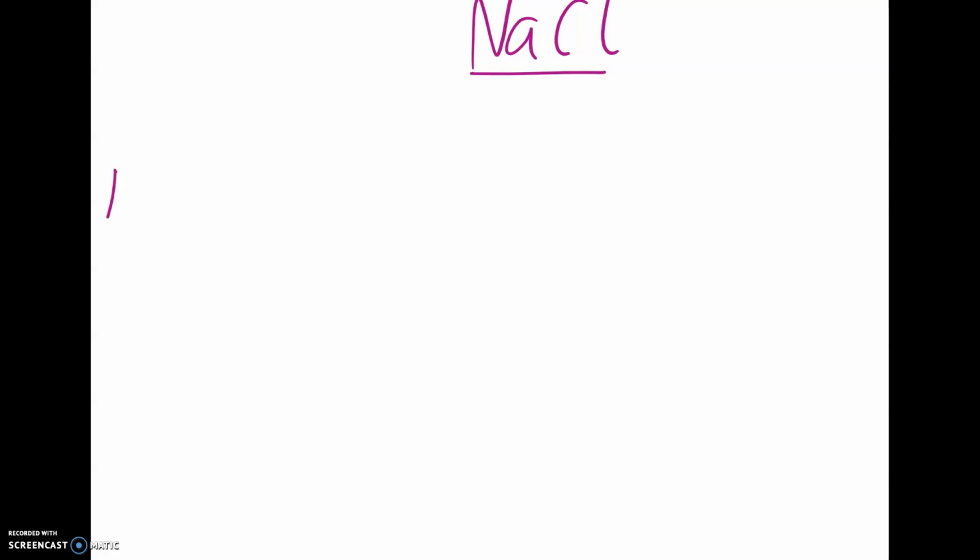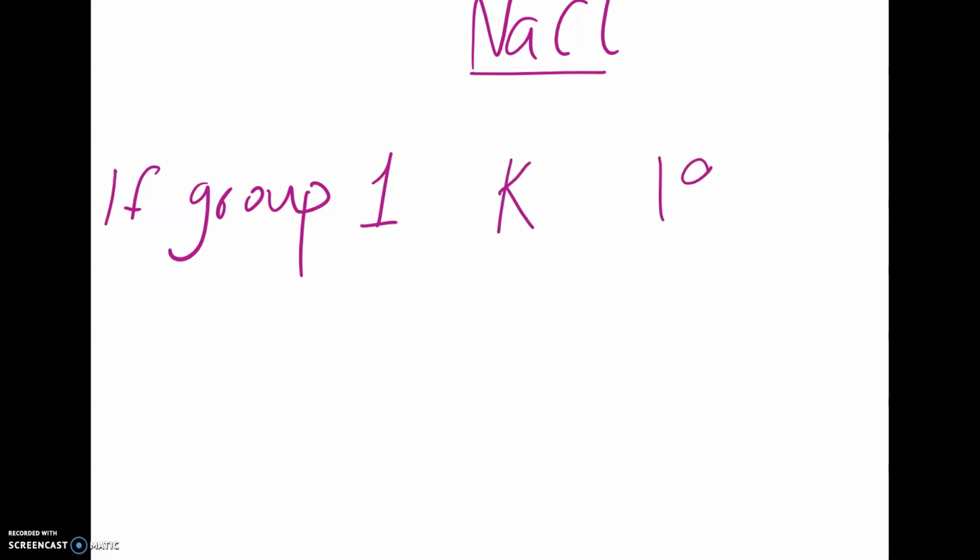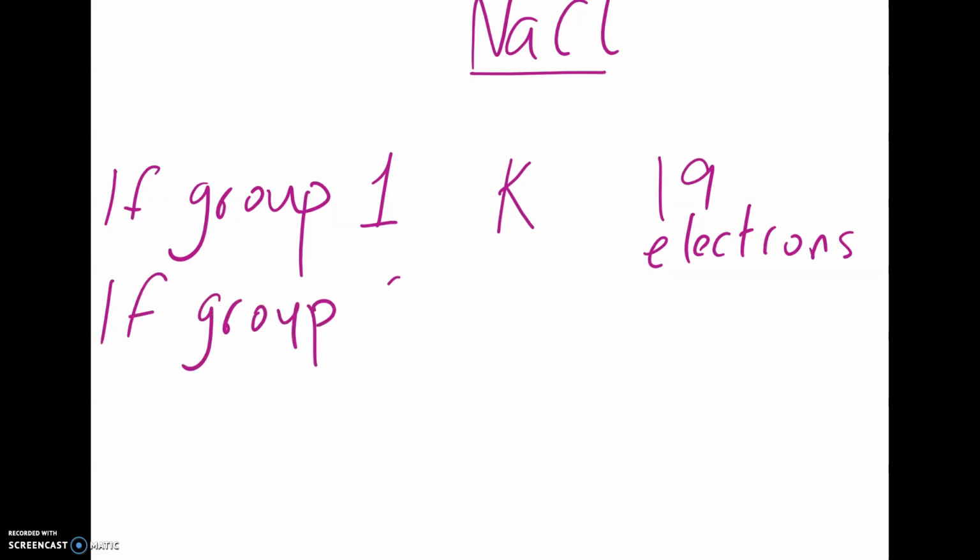So if I had a group 1 element, let's say potassium for example, that has 19 electrons, and then I have a group 6 element, say oxygen for example.